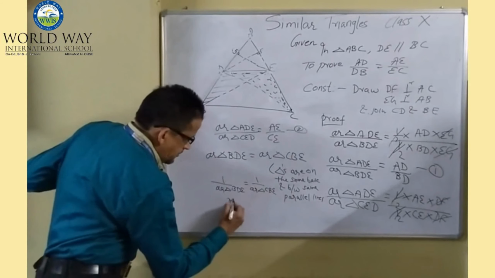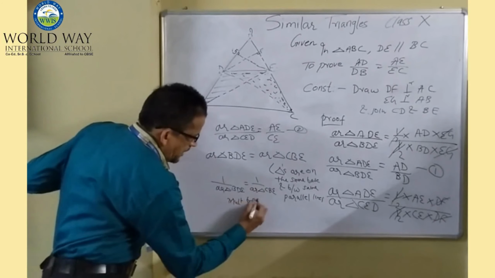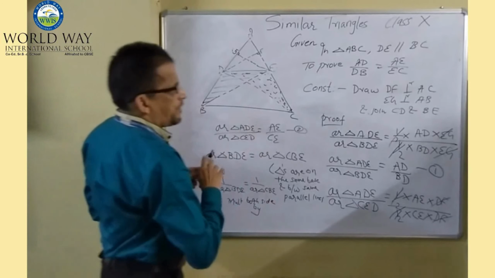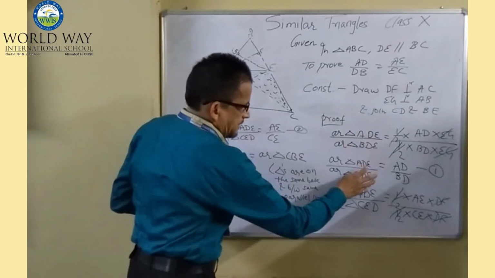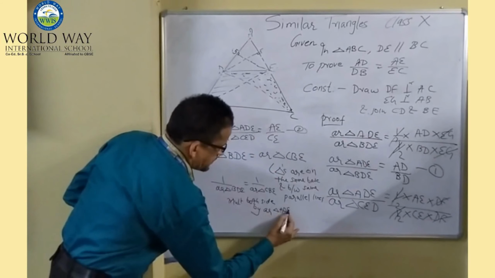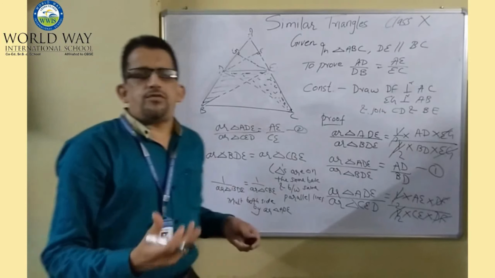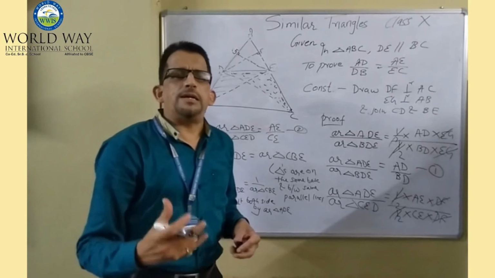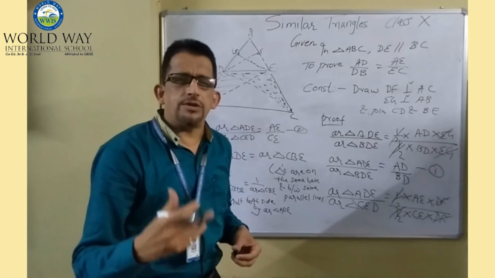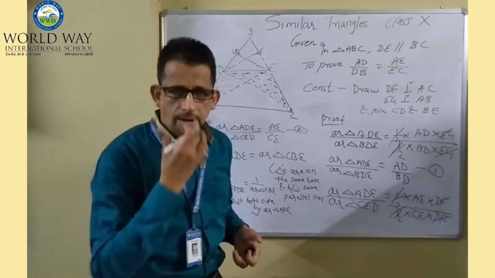Multiply both sides by what we want: area of triangle ADE. This is Euclid's law: if we multiply equals by equals, the results will be equal. This is called Euclid's axiom, one of Euclid's axioms.